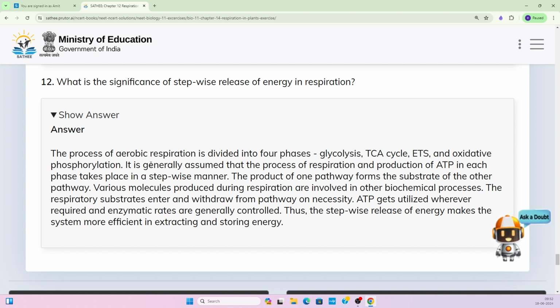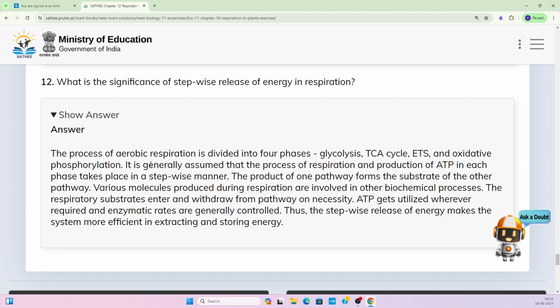The respiratory substrates enter and are withdrawn from the pathway as necessary. ATP is utilized wherever required and enzymatic rates are generally controlled. Thus, stepwise release of energy makes the system more efficient in extracting and storing energy.